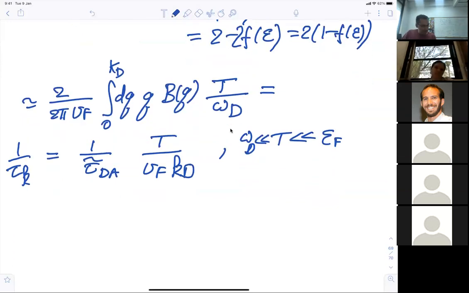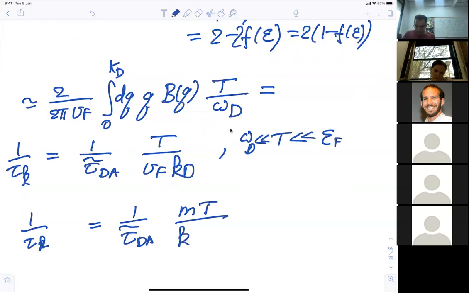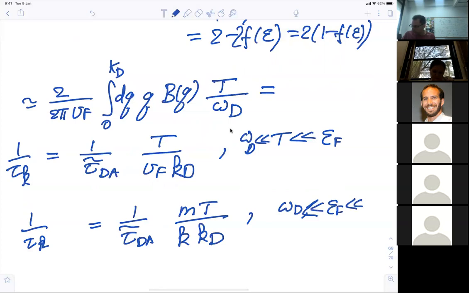And if we recall what we have studied before, in the Boltzmann gas, we had the following formula. And this was for temperature larger than everything.